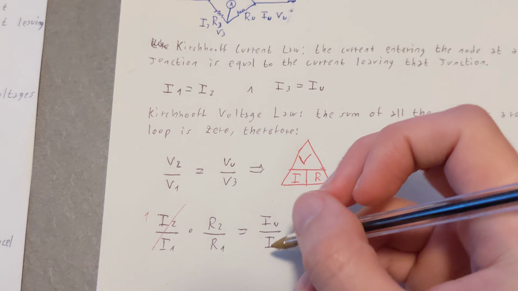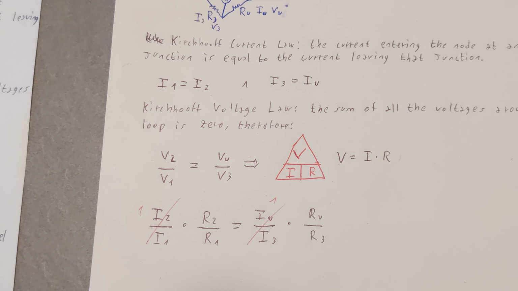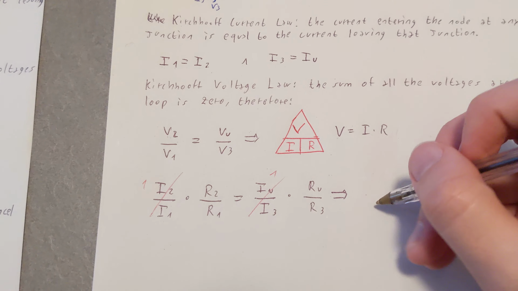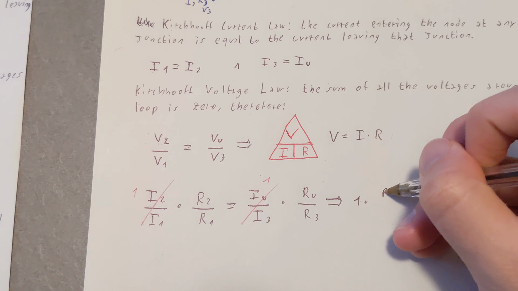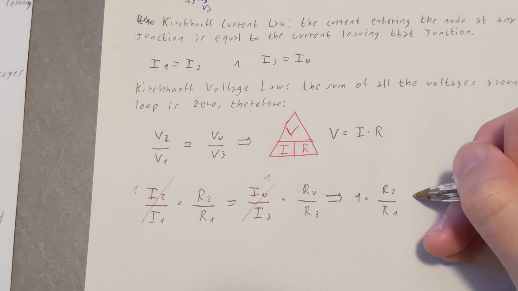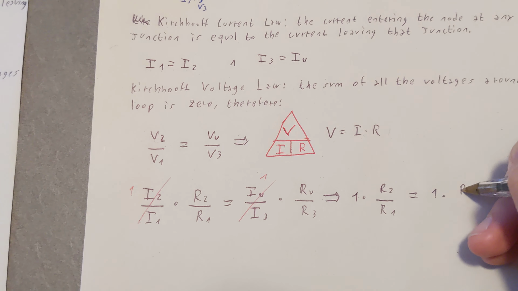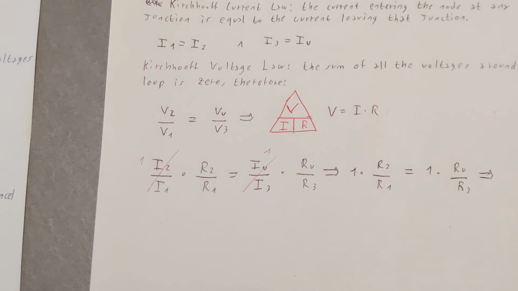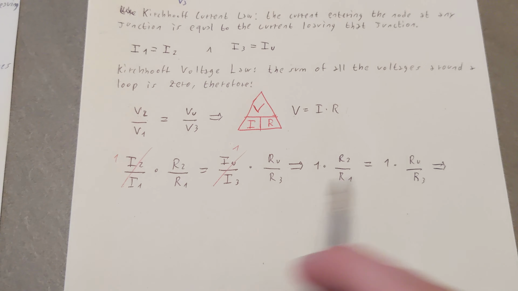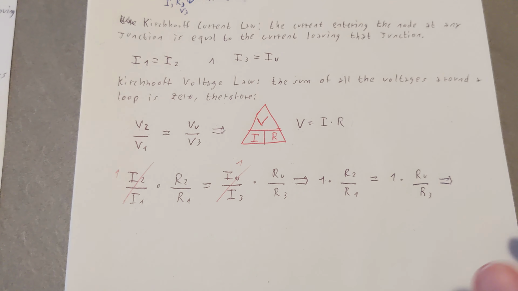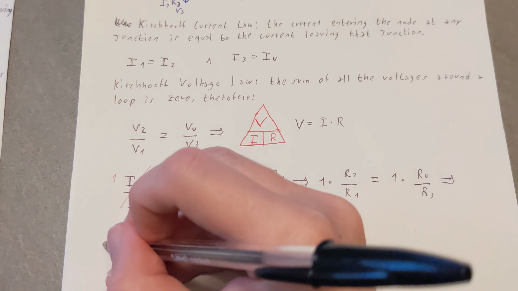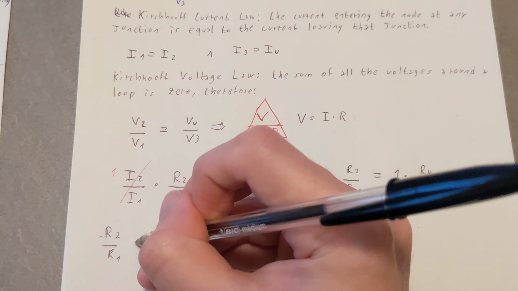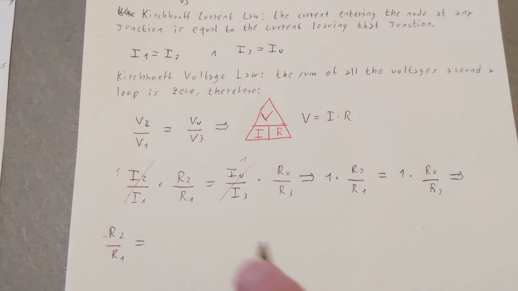So what we have right now is 1 times R2 over R1 equal to 1 times RU over R3. When we just multiply by 1, we get R2 over R1 equal to RU over R3.